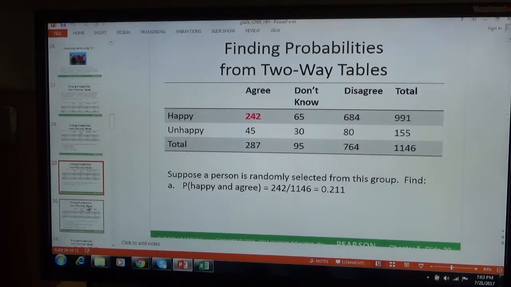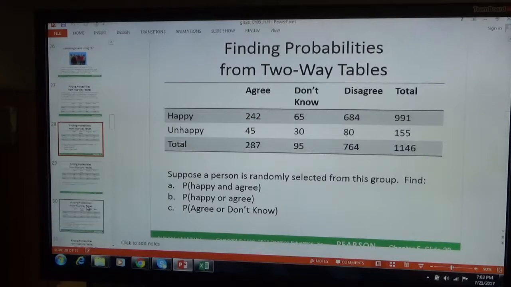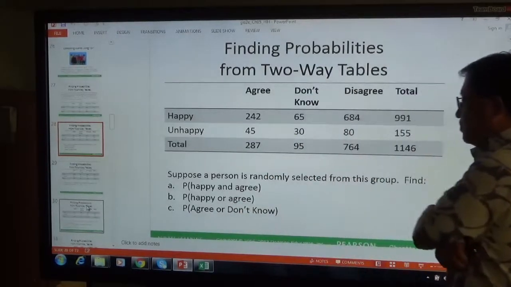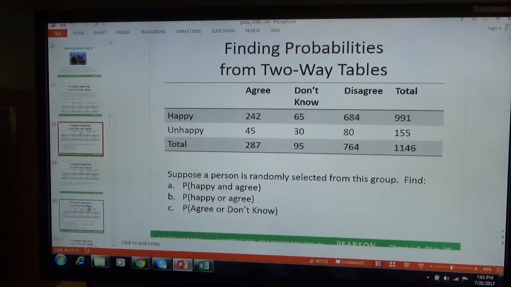How many of them are happy or agree? Now we need to find out, but actually, let's do part C first. Agree or don't know. The two events are mutually exclusive.